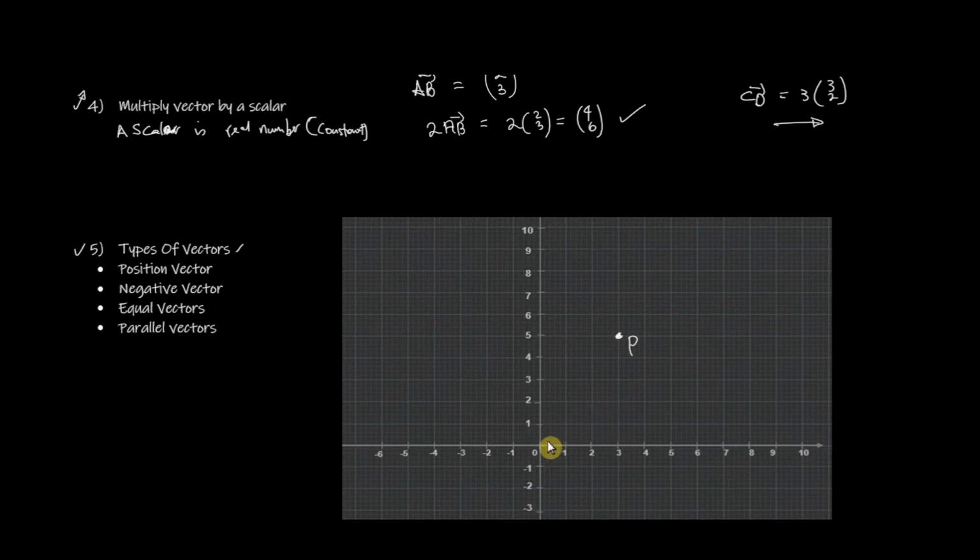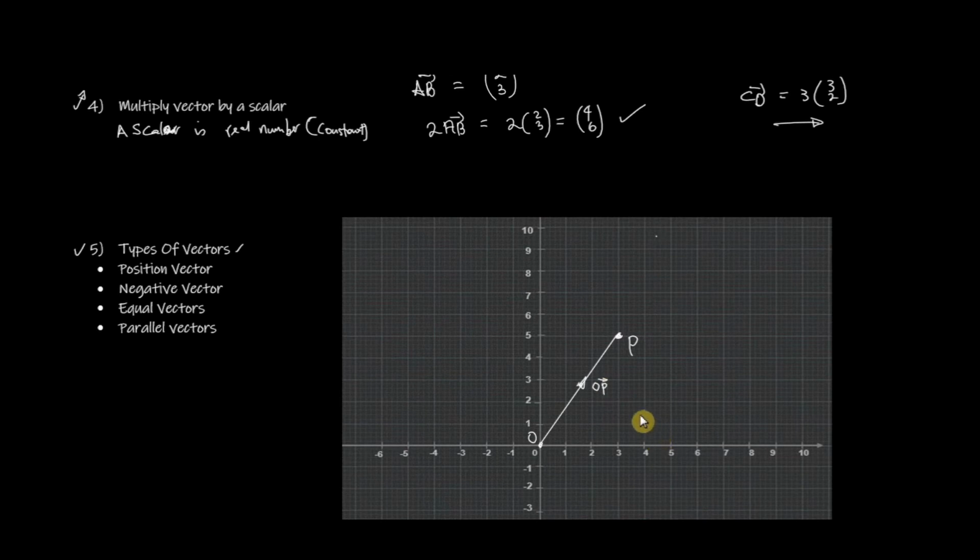So it always starts at the origin, so I'll write O for origin. So since it is a vector, we have to describe it as such. So we have to attach an arrow saying it's going from O to P, and of course OP is the representation of the vector.